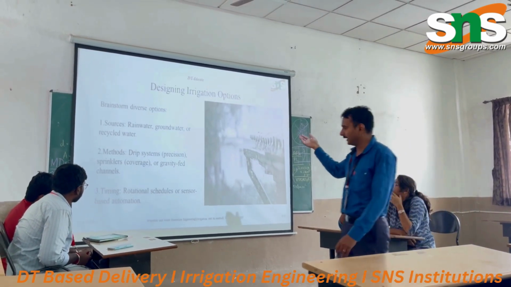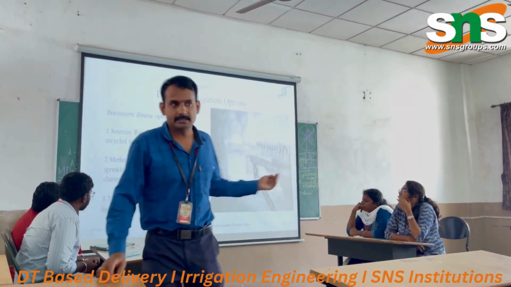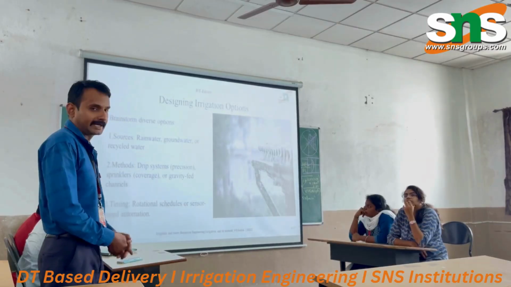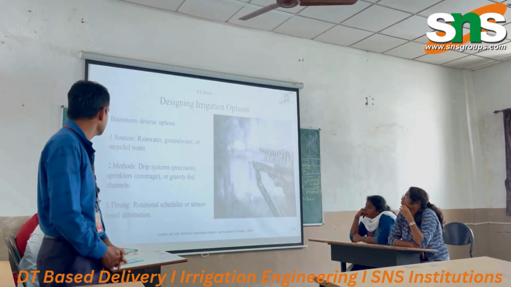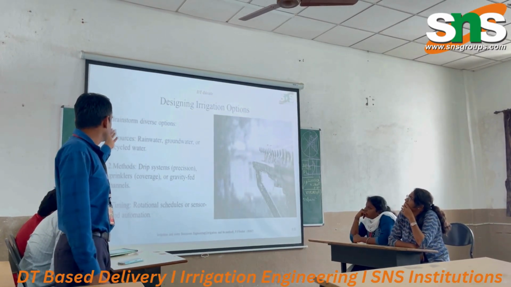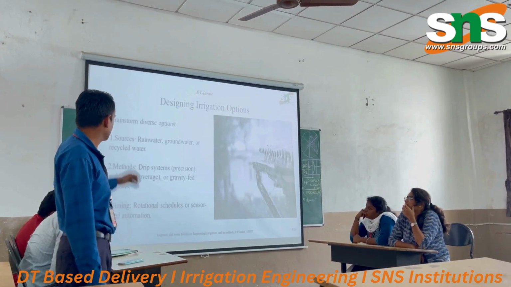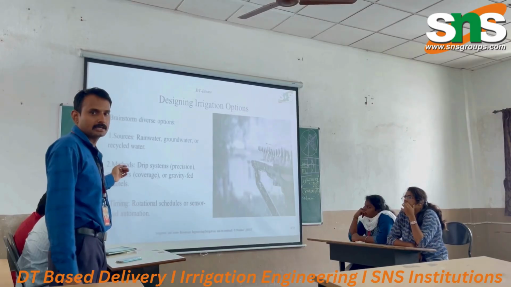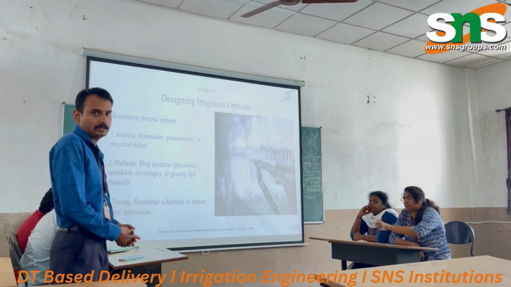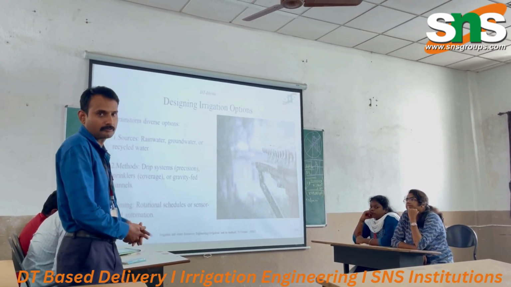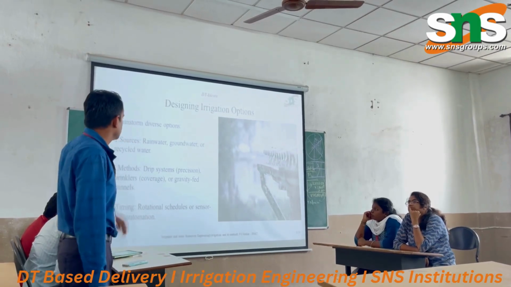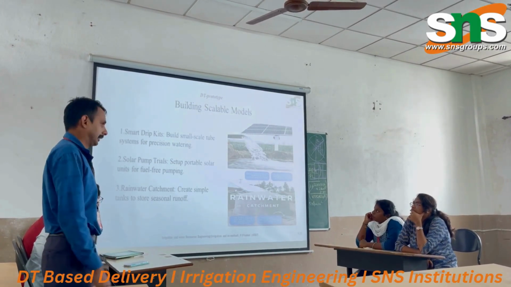These are the various iterations or methods which could be suggested for further enhancing the irrigation process. We are brainstorming various ideas right from water sources, methods, as well as the time interval for providing water supply to the crops. So the next stage will be prototype.